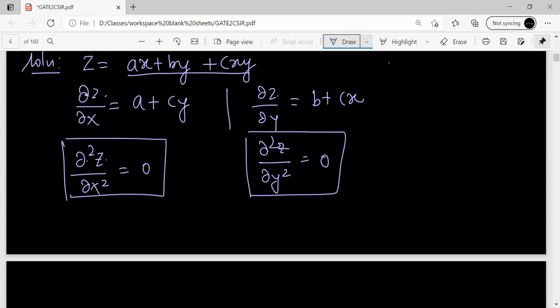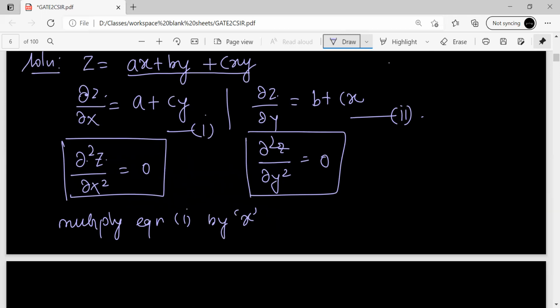So in order to do that, let's say this is my equation 1 and this is my equation 2. I'll multiply equation 1 by x. I need x, so I'll multiply by x. So I'll be getting x del z over del x equal to ax plus cxy.